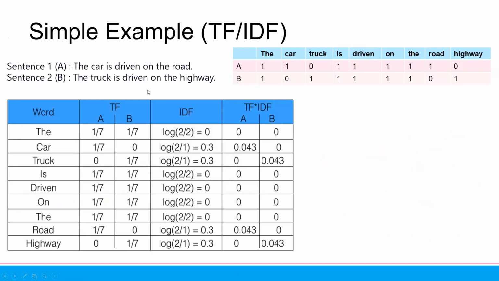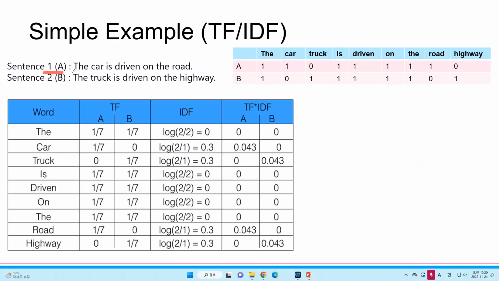Maybe I will just show you one example. I have two sentences. Sentence one is "The car is driven on the road." And sentence two is "The truck is driven on the highway."